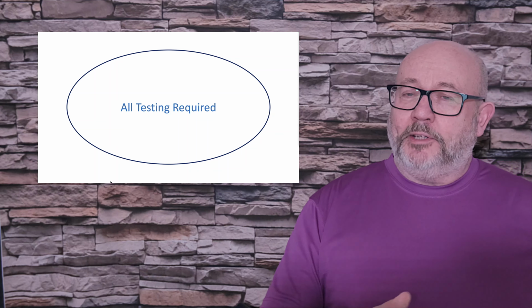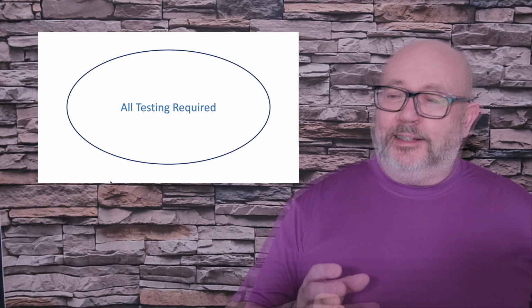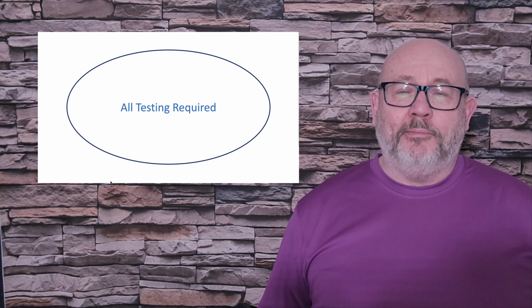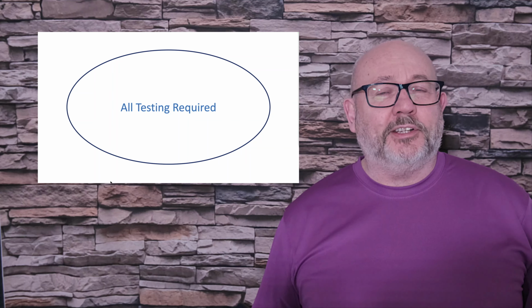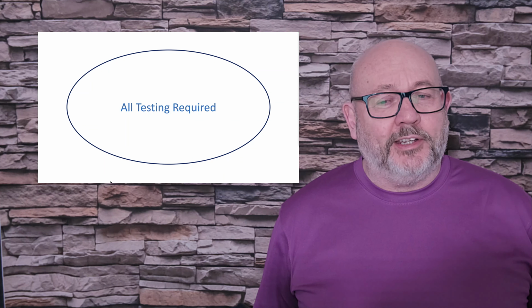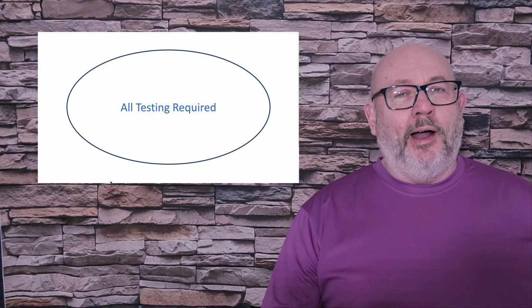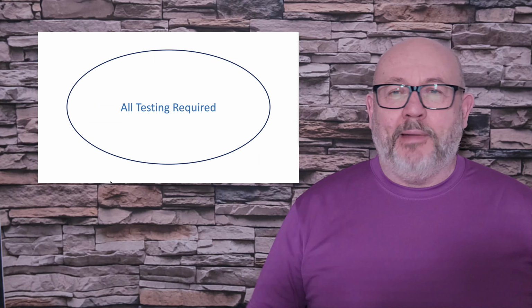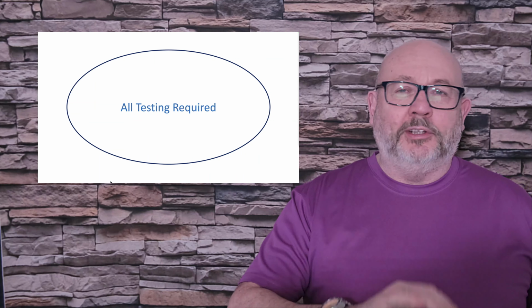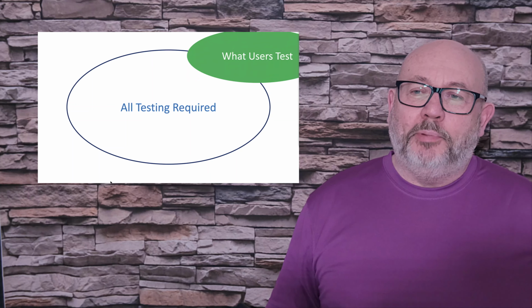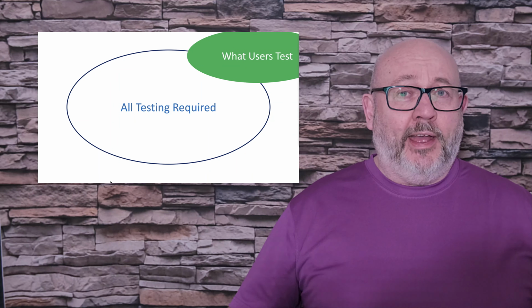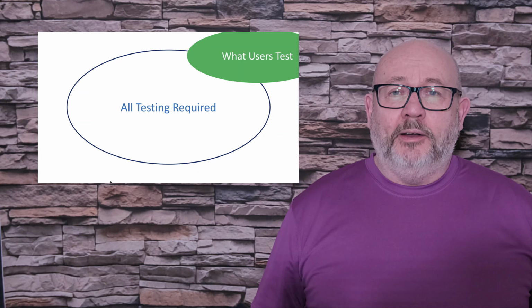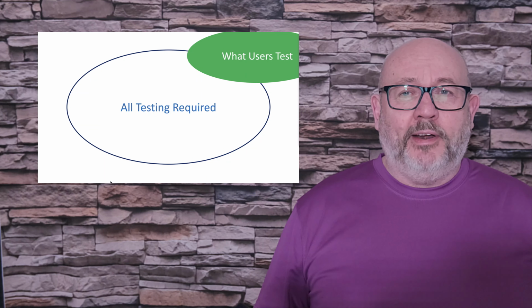Let's look at it from the perspective of requirements themselves. This image came from the previous video I did on system testing. We can look at all testing required as some kind of imaginary quantity or list of things to cover. But what users test when they're doing their user testing doesn't seem to be a very good fit.